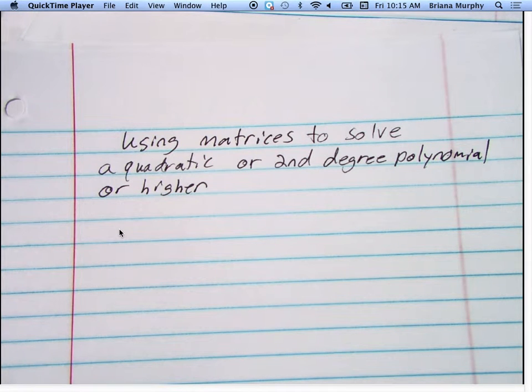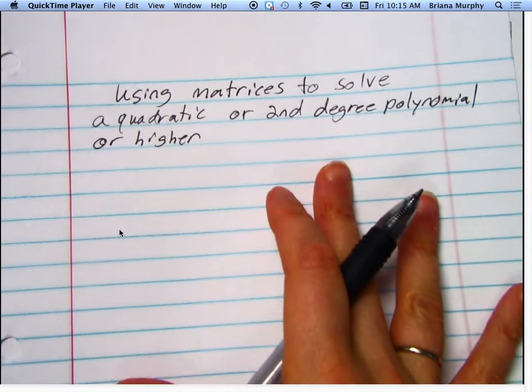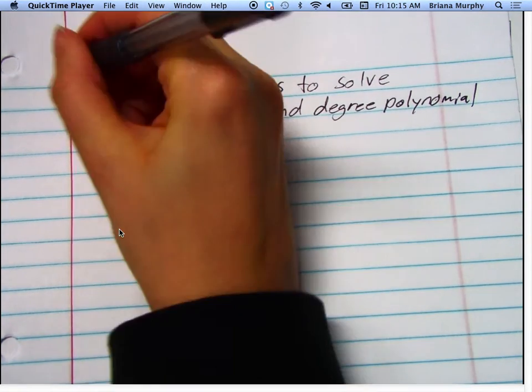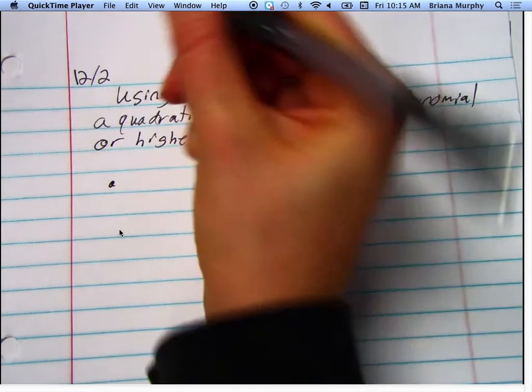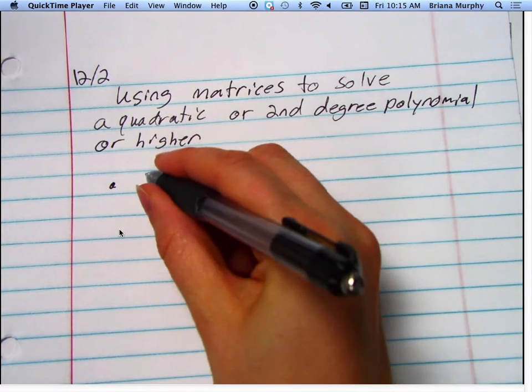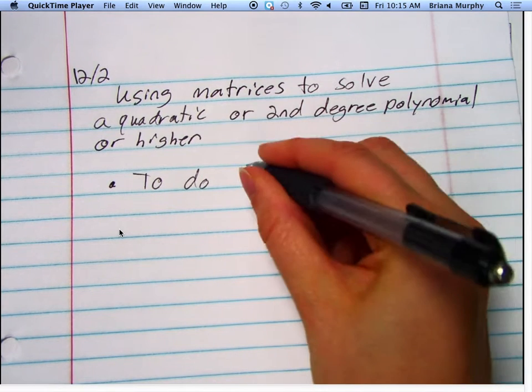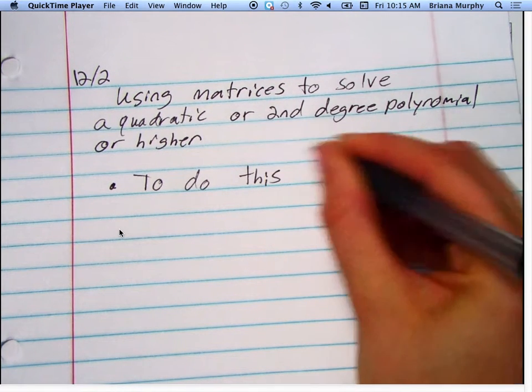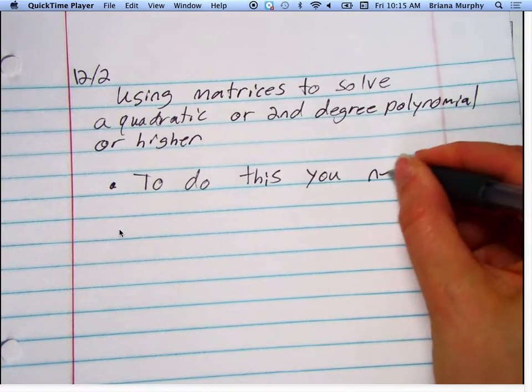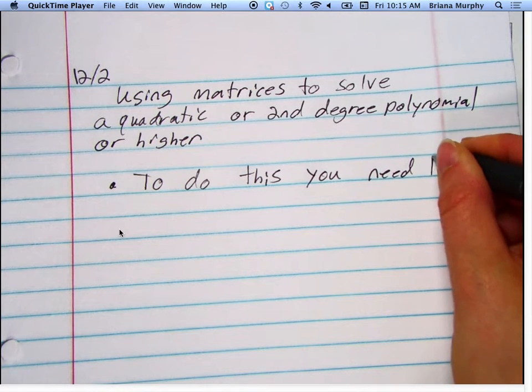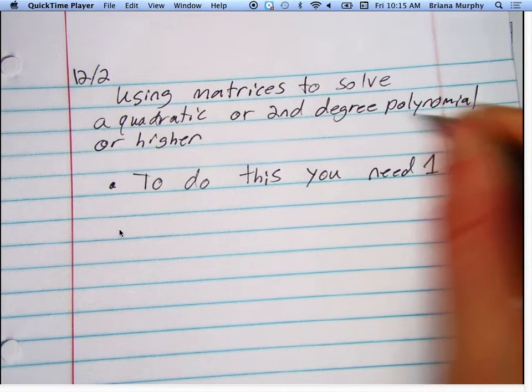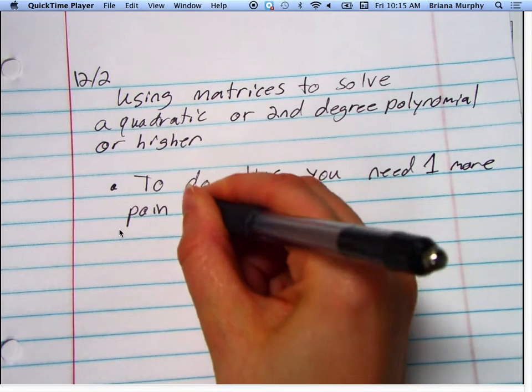So this is, for example, if I give you points, can you find the equation of the graph? So one important point for this: to do this, you need one more point than degree.